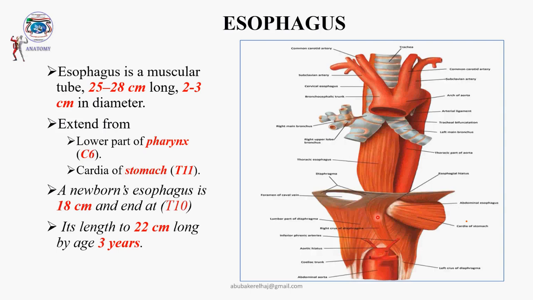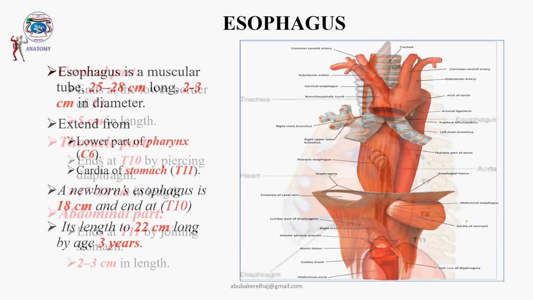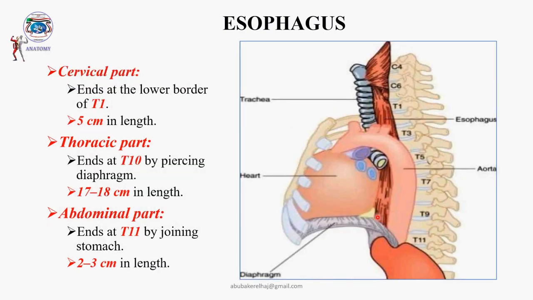Generally the length of the esophagus shows some anatomical variation during childhood, until 3 years old it is about 22 centimeters.